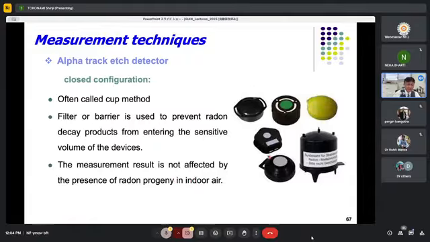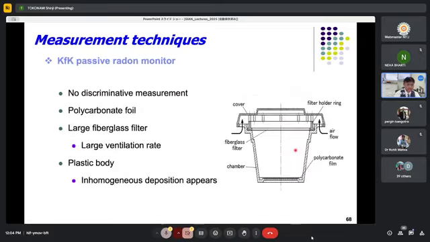There are several types of passive radon detectors with a cup type. I can exemplify the German passive radon detector. There is no discriminative measurement between radon and thoron.